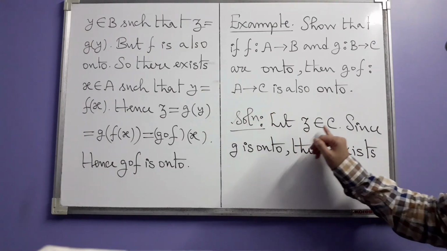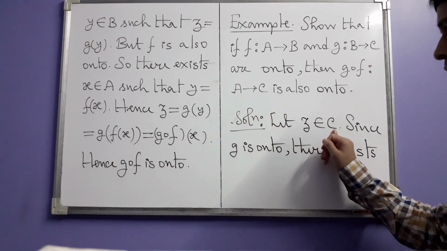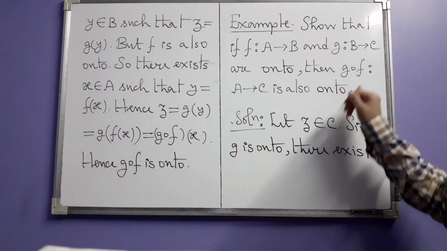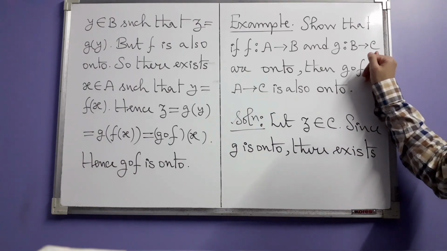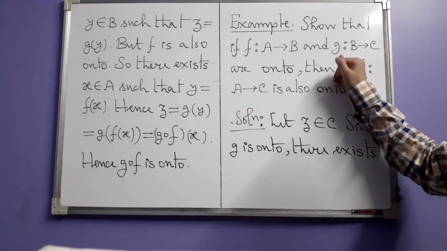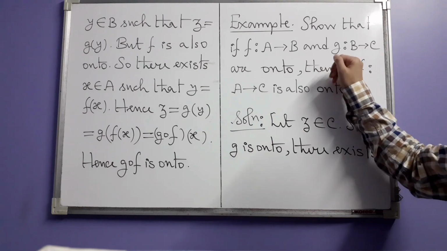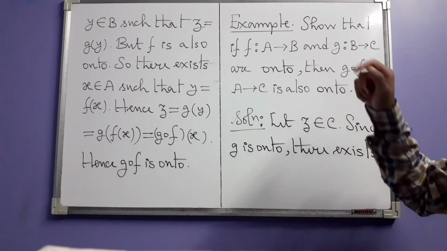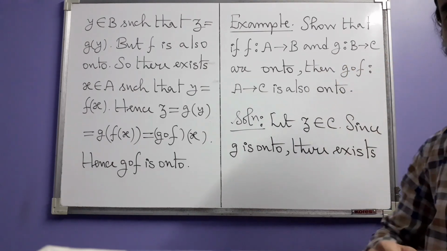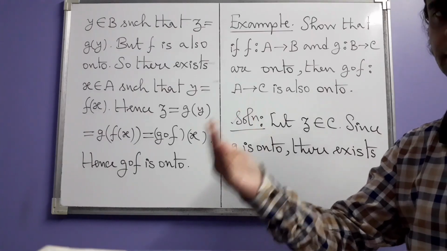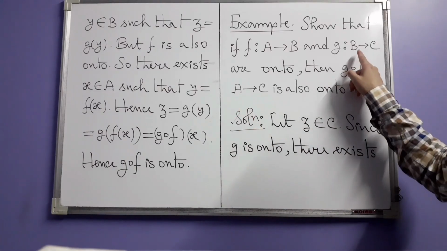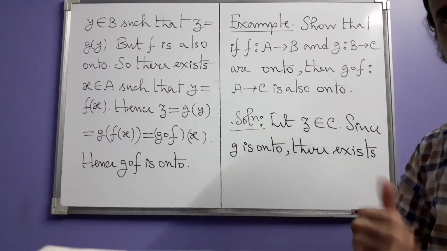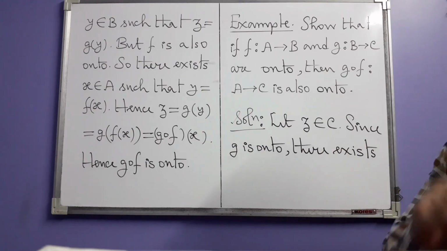So let z be any element in the codomain C. Now note that C is also the codomain of g, and it's given that g is onto. So this z must have come from some element in B via g, because g is onto.